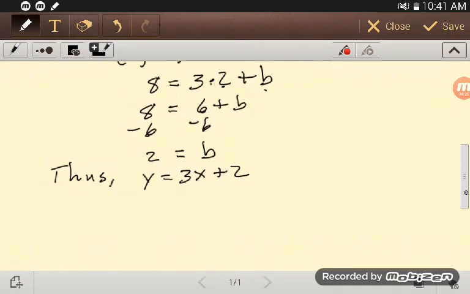And notice that actually with a y-intercept, it really is working the same way.